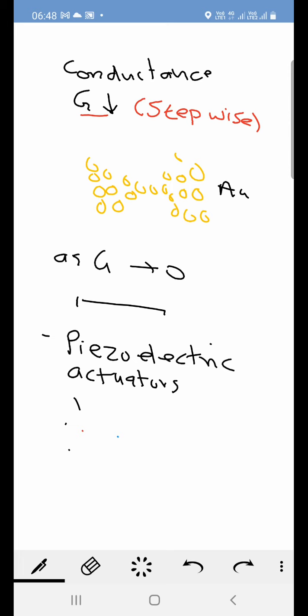They are attracted to reconnect the junction.